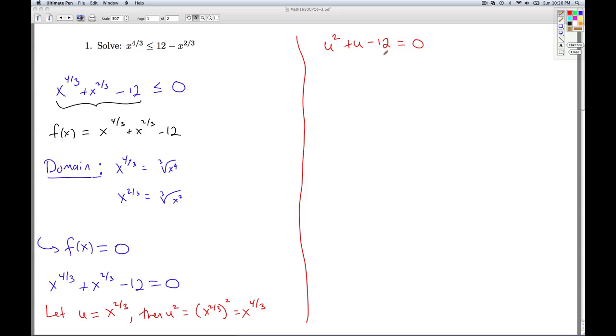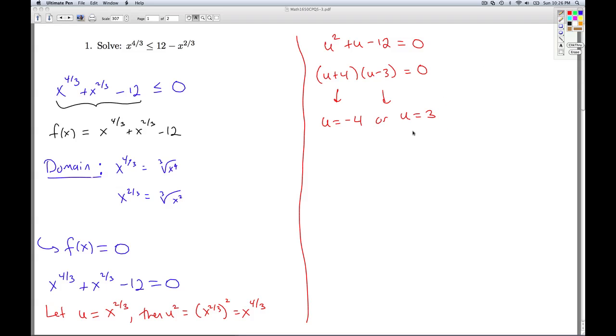This is a friendly quadratic equation. It factors nicely. U plus 4 times u minus 3 equals 0. And from this factor being 0, I get u equals negative 4. And from this factor, I get u equals 3.